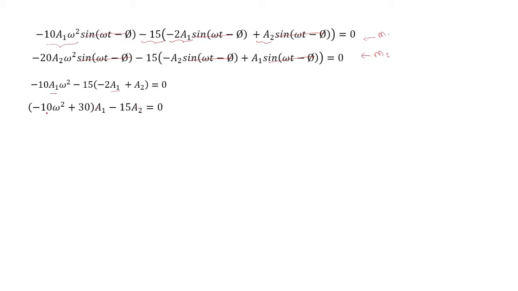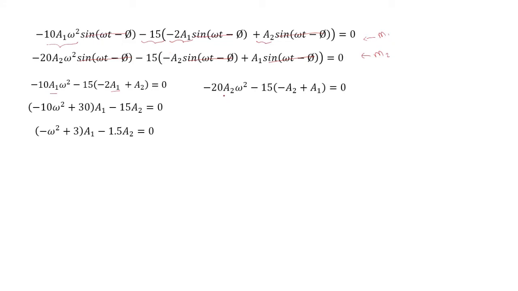Now we have a coefficient of 10 with omega square. In order to get rid of this coefficient 10, we will divide this equation by 10. So after dividing by 10, you will get minus omega square plus 3, into a1, minus 1.5 a2 is equal to 0.